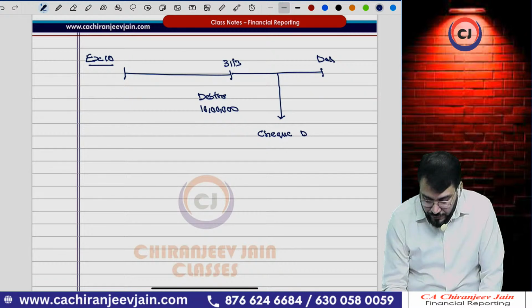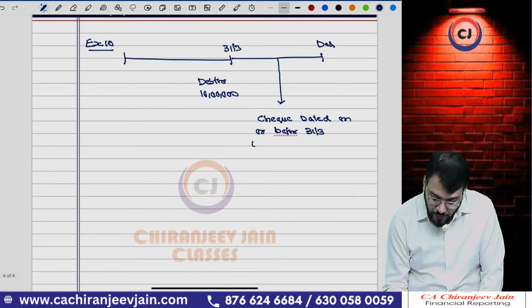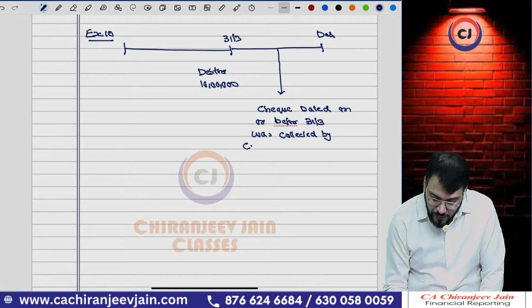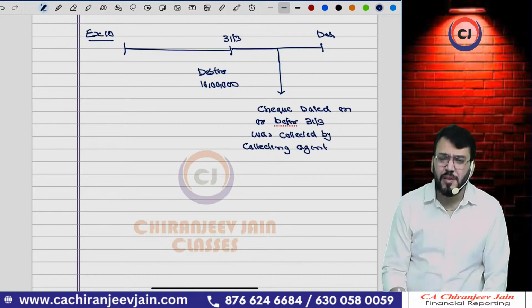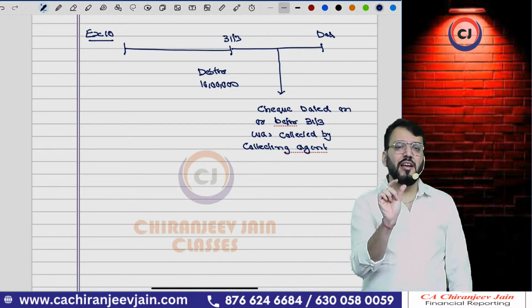A check dated on or before 31st March was collected by a collecting agent. It can be an employee, it can be a bank, it can be any other agent. Correct? They have written collecting agent.